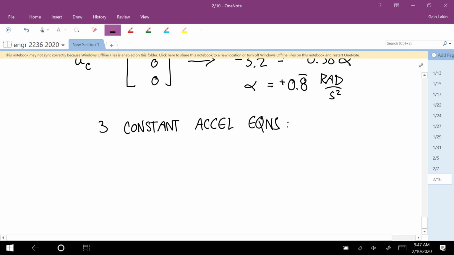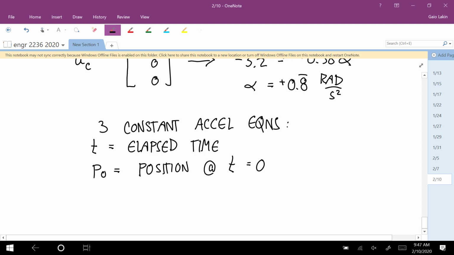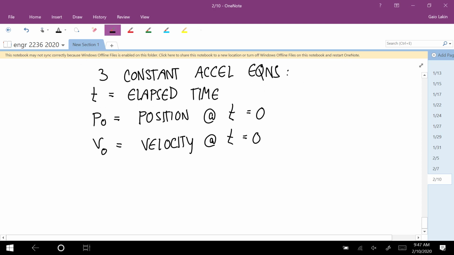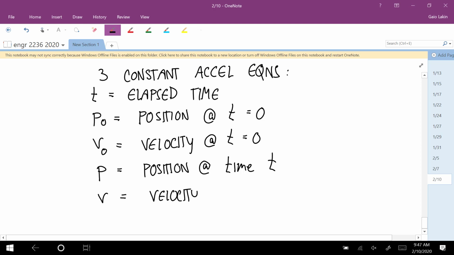They're based on t is the elapsed time, p0 is the position when time is equal to 0, v0 is the velocity when time is equal to 0, p is the position at time t, v is the velocity at time t, and a is the constant acceleration.